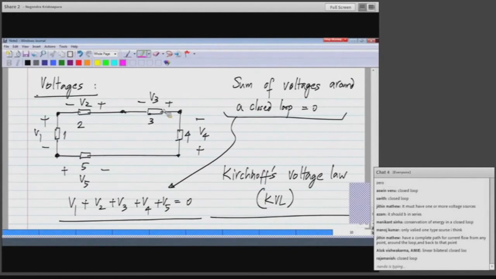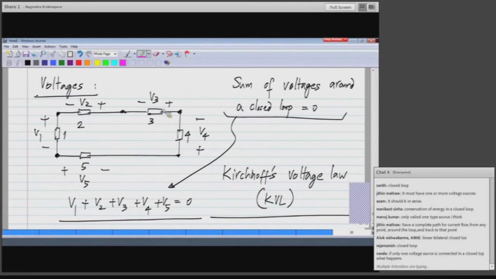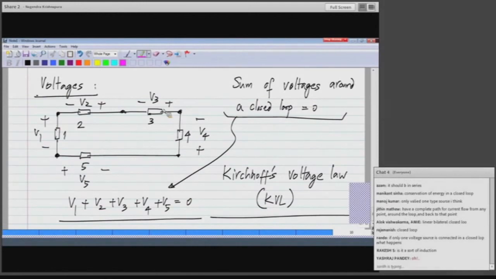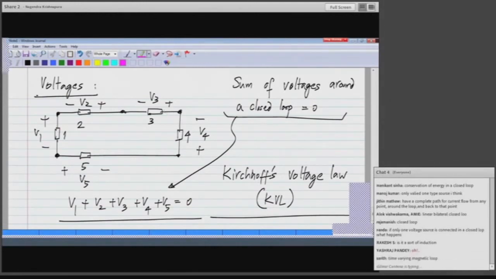So we have these two basic laws, Kirchhoff's voltage law and Kirchhoff's current law.